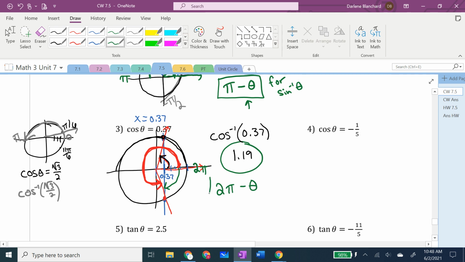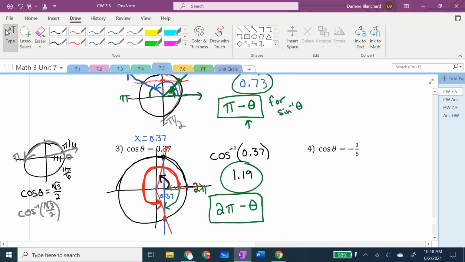Now, ultimately, you can just use this formula, but I want you to see that you don't have to memorize a formula if you understand the symmetry, which is valuable for those of you who are going to need to use trig later on. So I'm going to find my second angle through that subtraction. This is what I'm going to use for inverse cosine.